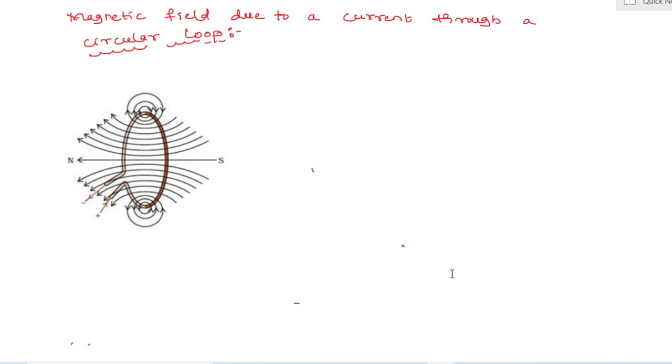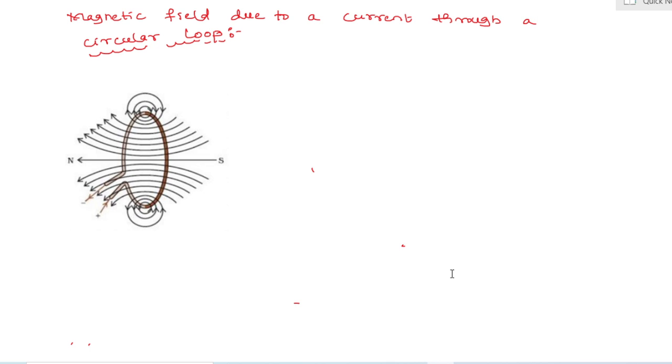In yesterday's period, we discussed the introductory part of the magnetic effect of electric current. What is meant by a magnetic field?